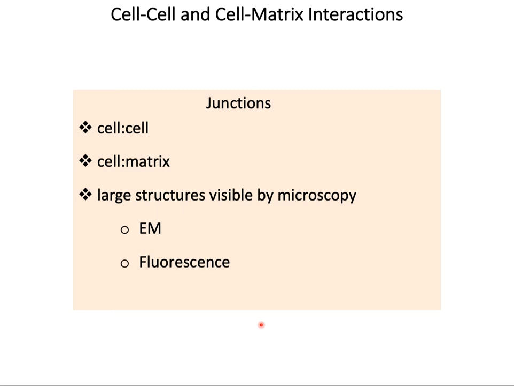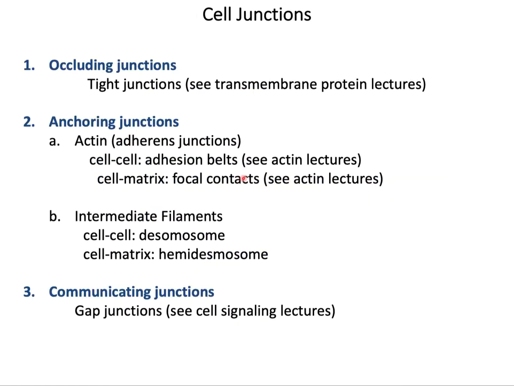Definitely visible by electron microscopy, and they are often visible by fluorescence microscopy, especially if you have the right fluorescence reagent and specific antibodies to view the various components of the junction. And so there are three main groupings of junctions. And I think what might surprise you is that we have looked at all of these structures in other contexts throughout the course of this semester.